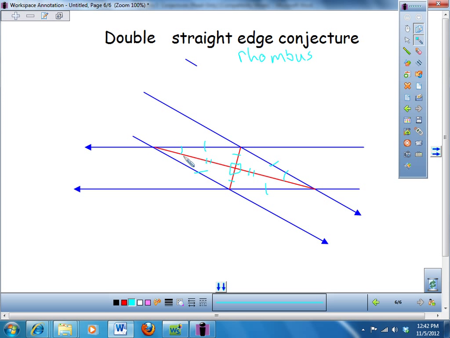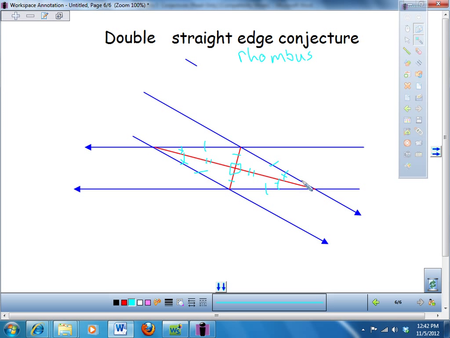Okay. Because we just said this, you could show pretty easily that this triangle here would have to be congruent to this triangle here because of side, because they share a side. Therefore, this angle and this angle would have to be congruent, right? And this angle and this angle.